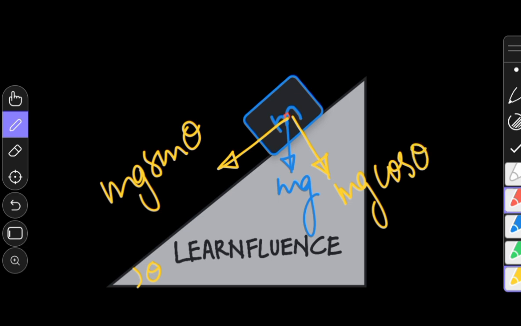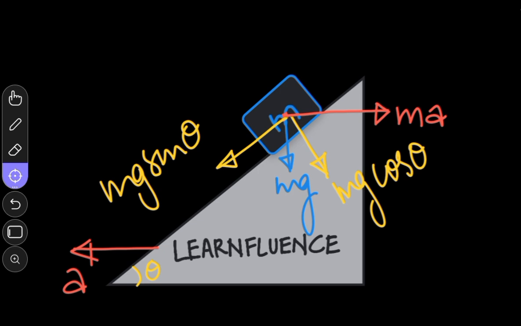Okay, and as the system is being accelerated in this direction, this mass right here will experience a pseudo force ma in the direction opposite to the actual acceleration. So the concept we are using here is the concept of pseudo force.